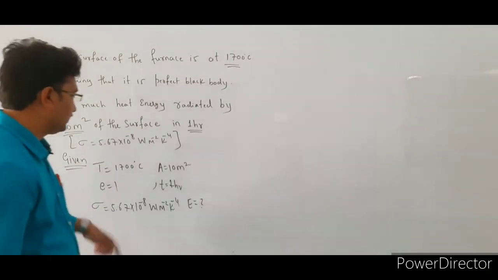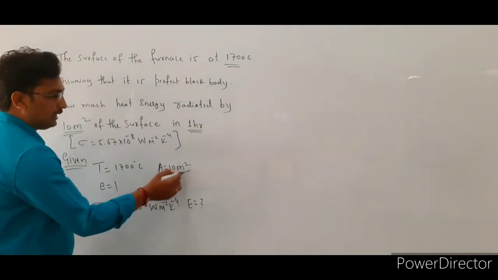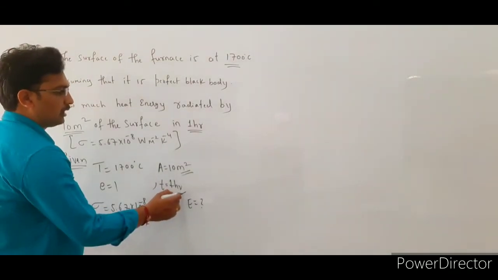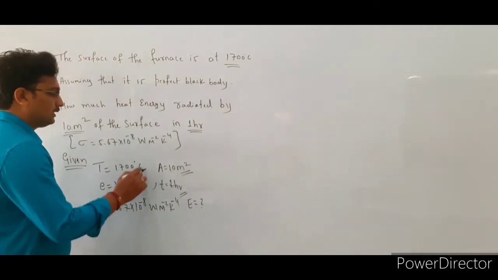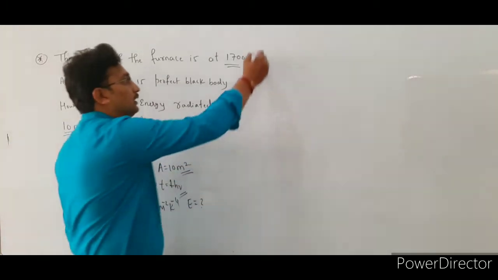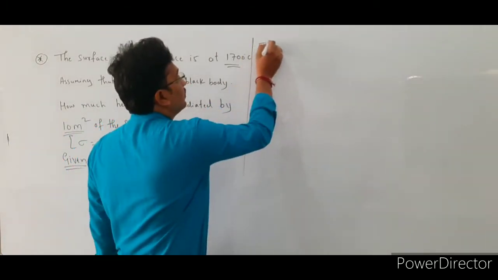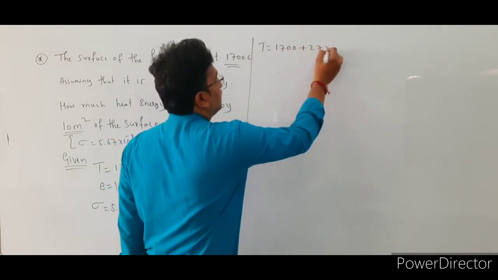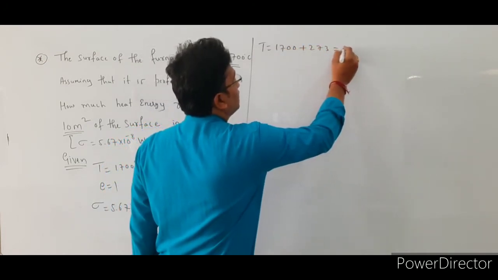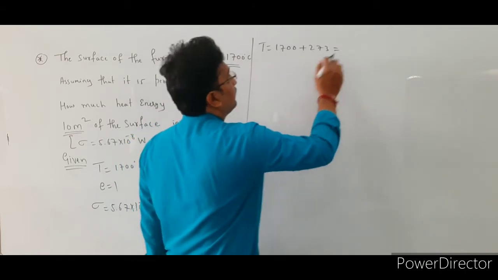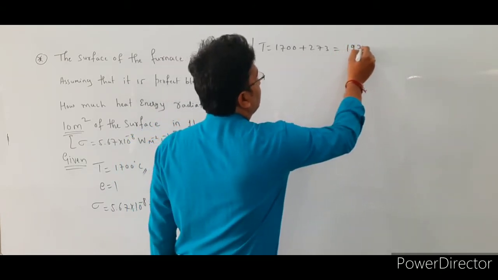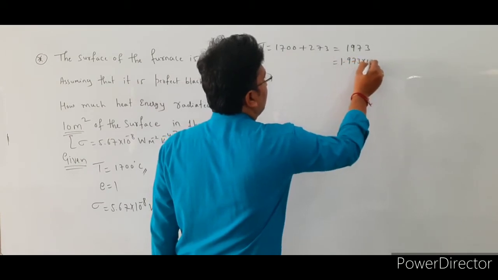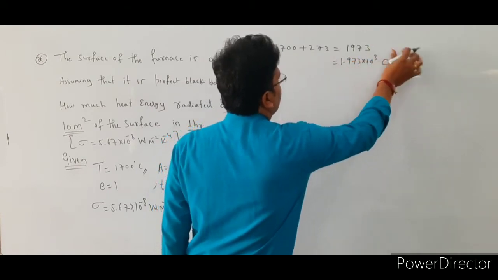Okay, see here, the area is in SI system, and this is also in SI system. Then the temperature T is equal to 1700 plus 273, that is 1973, which is equal to 1.973 into 10 to the power 3 Kelvin.